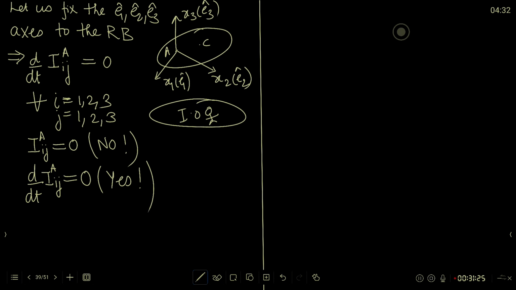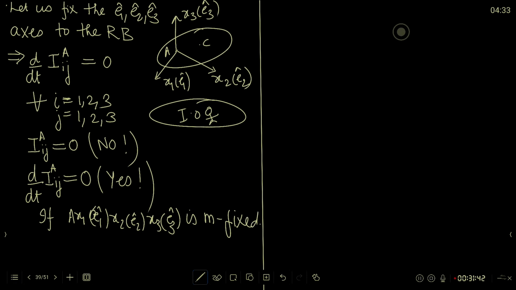If the axes are M fixed, this may require a little bit of imagination, visualization from your side. See, this RB at this time instant, it is oriented in this manner.